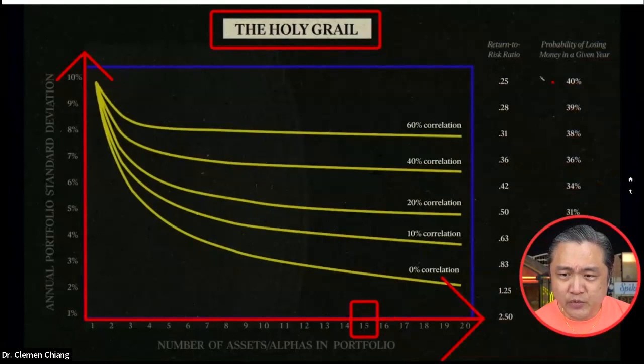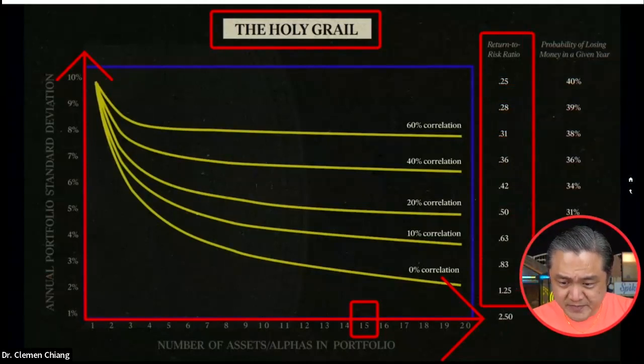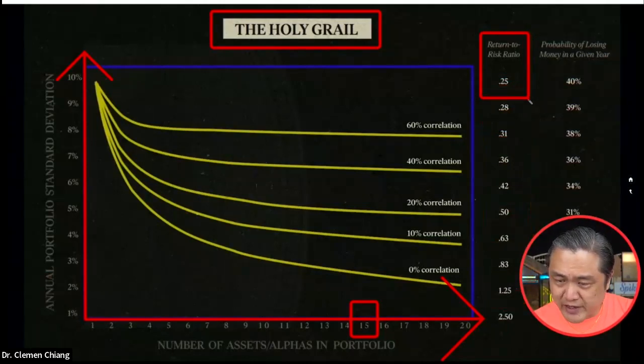And then we look at this column here that says return to risk ratio. What is your return versus the risk? Of course, you want the number as high as possible. That's the reason why as I go down, it is ascending.